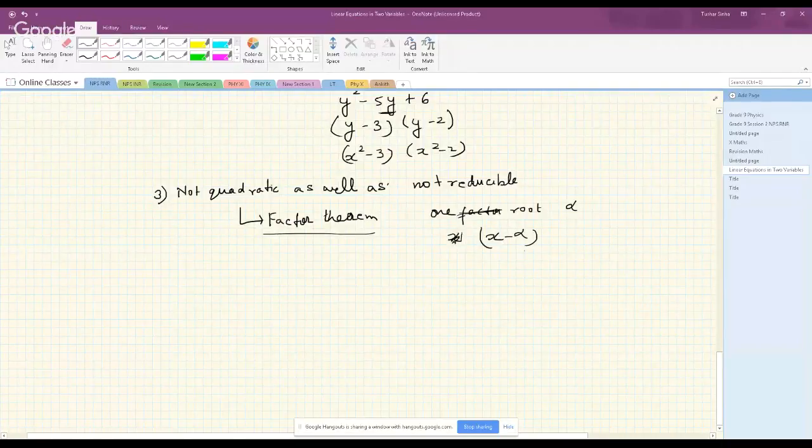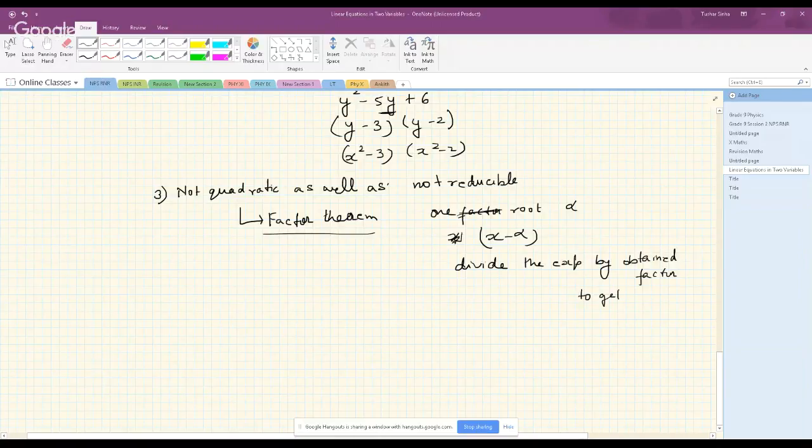The moment you get the factor, divide the expression by the obtained factor to get the other factors. It's the same exercise you do with denominators, and you will be able to reduce it. Keep this in your mind.